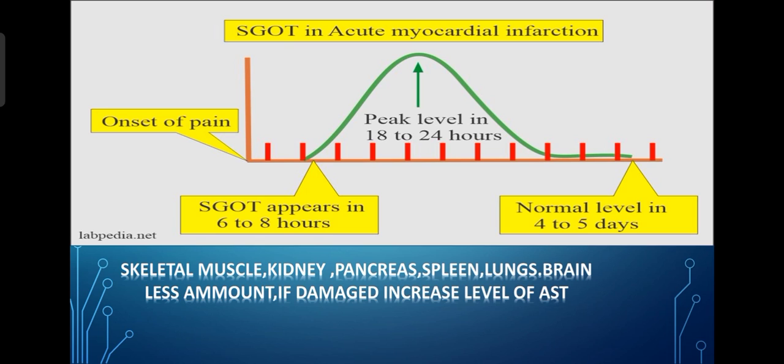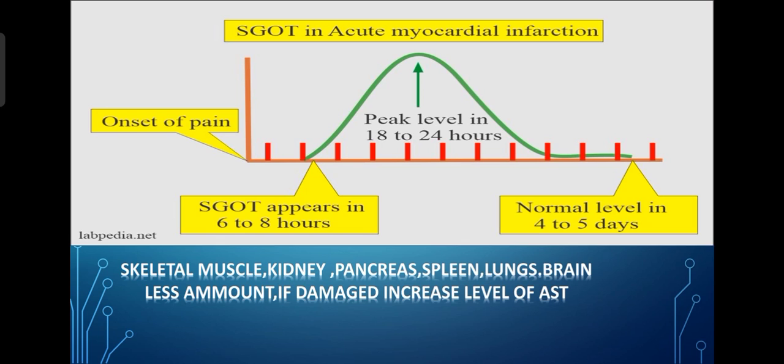A lesser amount of SGOT is found in skeletal muscles. Then in kidney, pancreas, spleen, lungs and brain, damage to these tissues also results in a slight rise in SGOT levels.